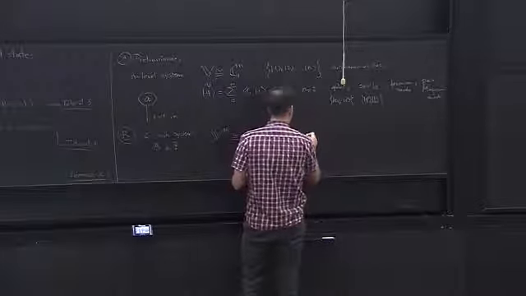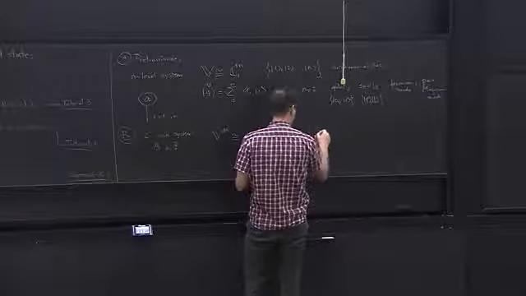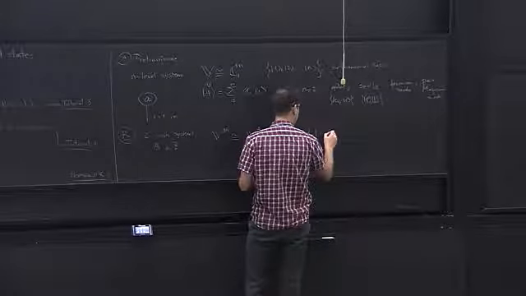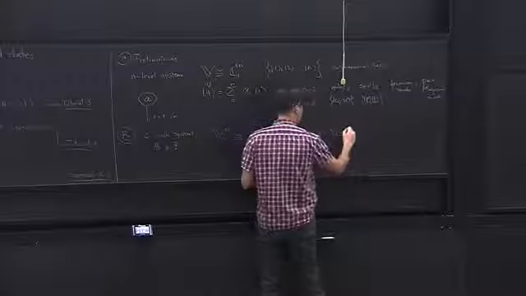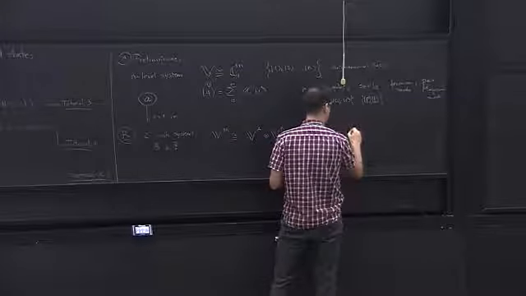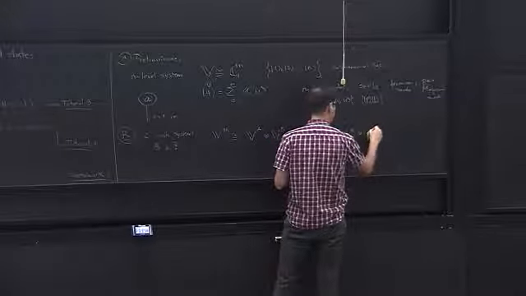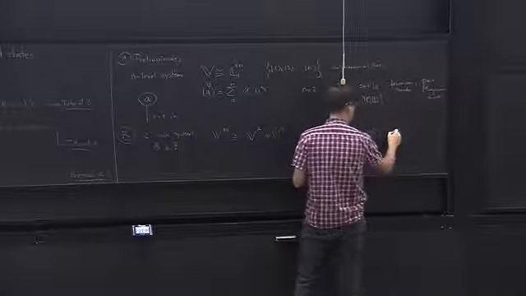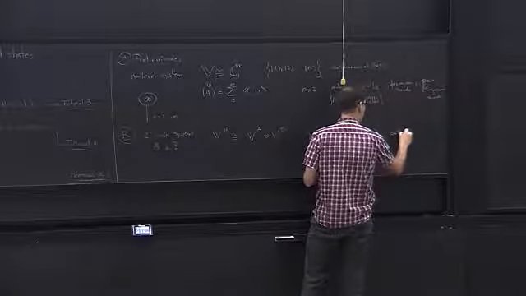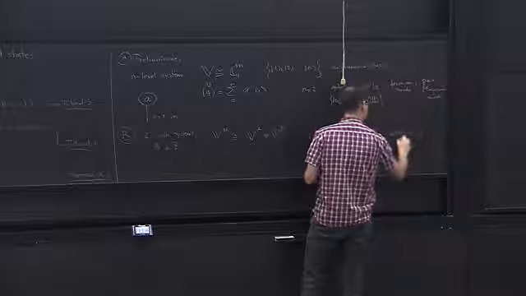And we can choose as an orthonormal basis just |ij>, which I define as the tensor product of |i> in part A and |j> in part B. That's our orthonormal basis.